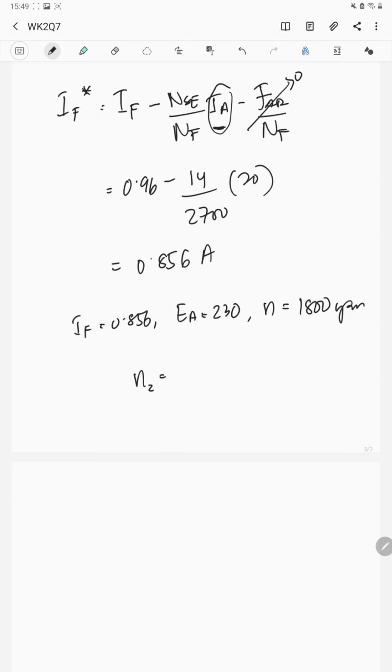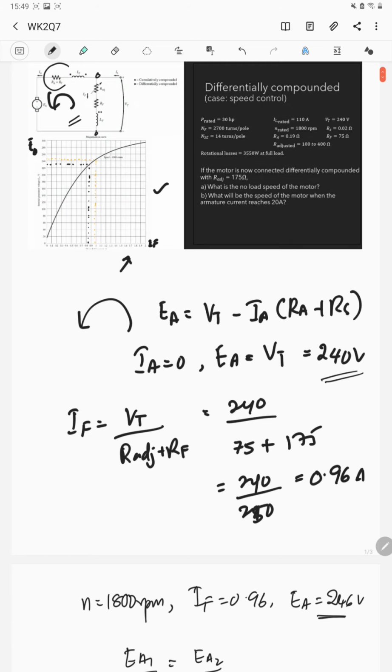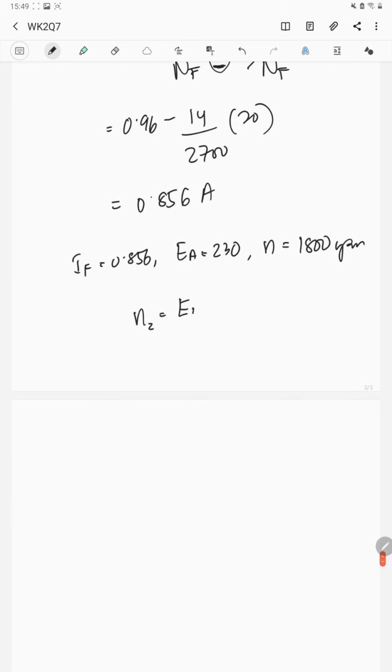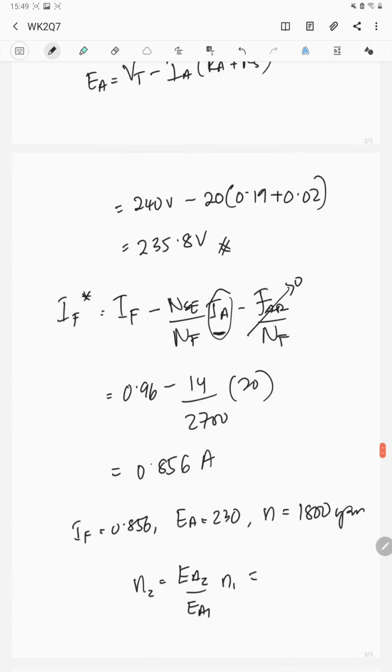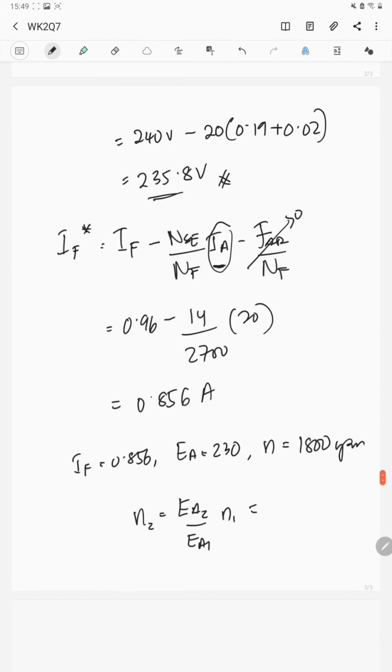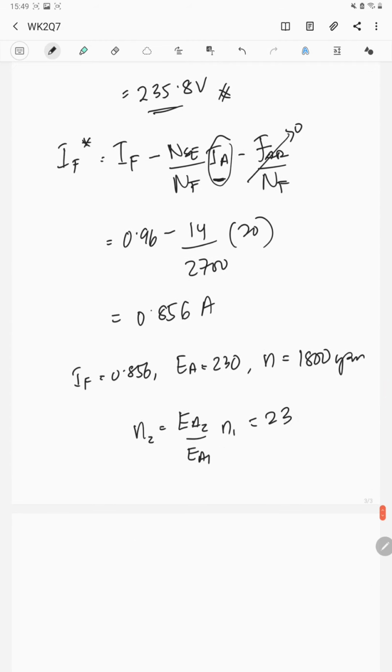Here, when we are looking at the ratio and computing the speed when the armature current reaches 20 ampere, we are looking at EA2 over EA1 times N1. The induced voltage is reduced to 235.8, and the reference is at 230, with a speed of 1800 rpm.